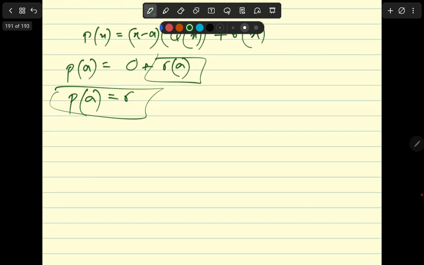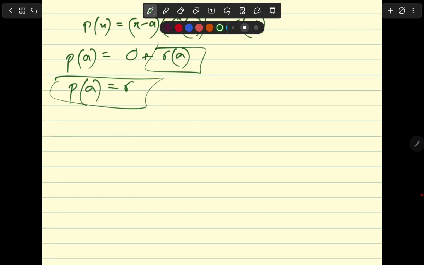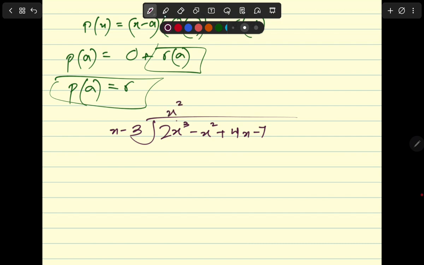Now let's do an example. Let's say that you have p of x equal to a cubic polynomial, 2x cubed minus x squared plus 4x minus 7. Let's divide it by x minus 3. Now when I divide it by x minus 3, I multiply by x squared, because remember, we divide this term by this in order to get this.